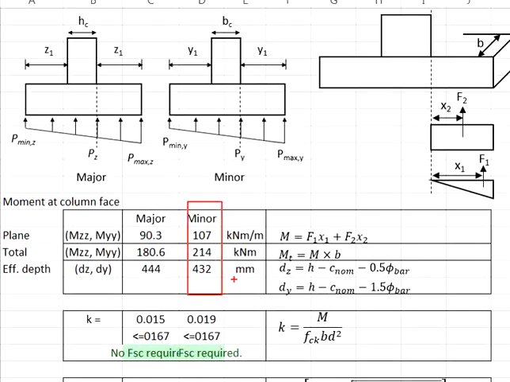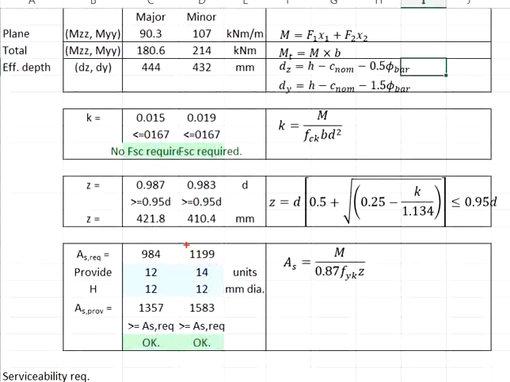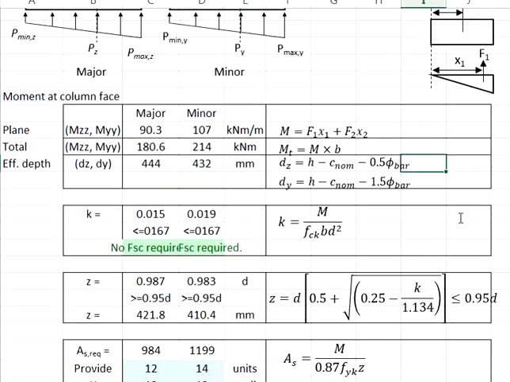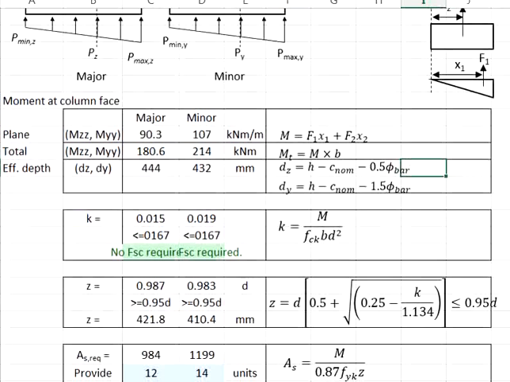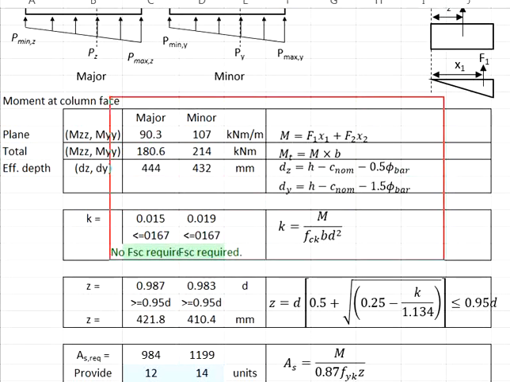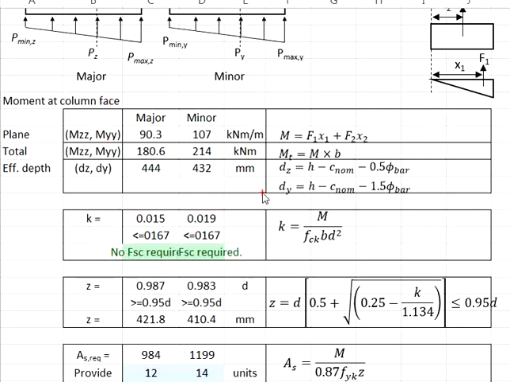Since the minor axis is going to be more critical, if you propose a sufficient amount of reinforcement bar in the minor axis, theoretically you don't have any issue with the major axis. Now, as far as this special is concerned, we will design for both minor and major axis.